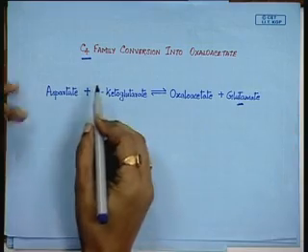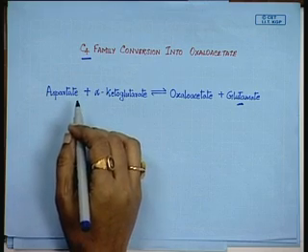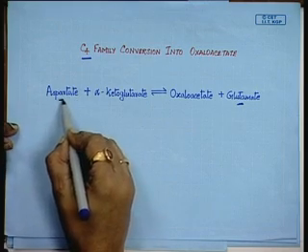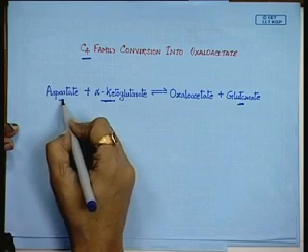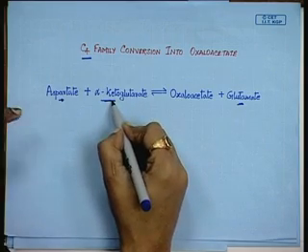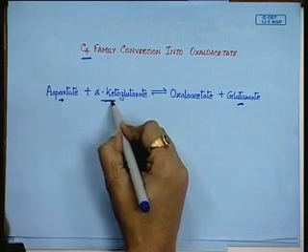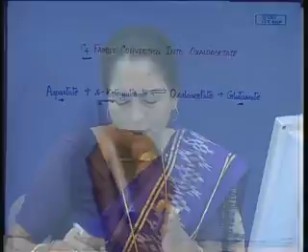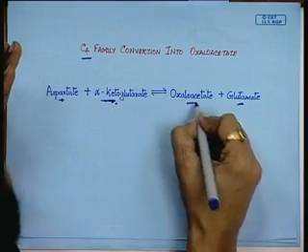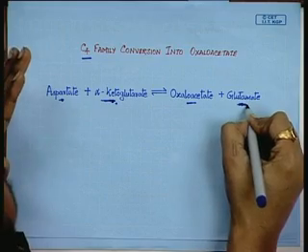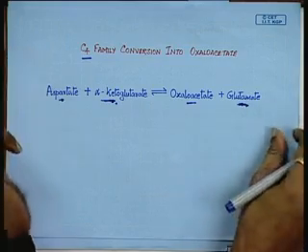Inside the cell, we have aspartate and alpha ketoglutarate. Aspartate is an amino acid and alpha ketoglutarate is one of the intermediate products of the TCA cycle. When they undergo a reaction, they produce oxaloacetate and glutamate, which plays a significant role in supplying the N-acetyl glutamate formation.